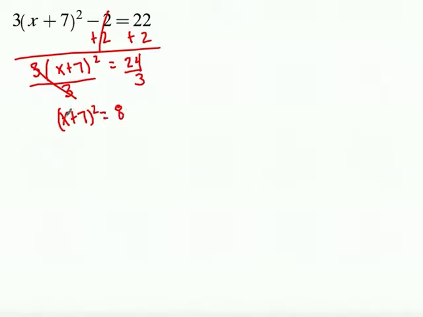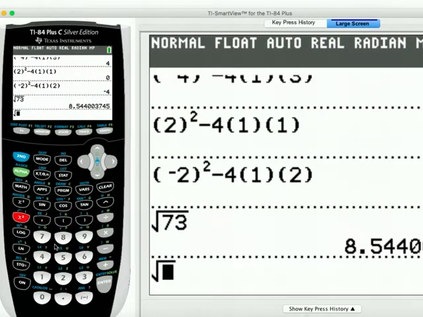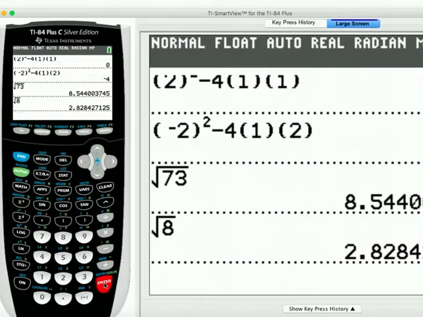I'm trying to get x by itself, so I'm going to square root both sides because the x is inside the parentheses and being squared. That gives me x plus 7 equals plus or minus square root of 8. Square root of 8 is not a perfect square, so I can go to my calculator and do second x squared to get my square root, plug in an 8, and find out that the square root of 8 is 2.828.